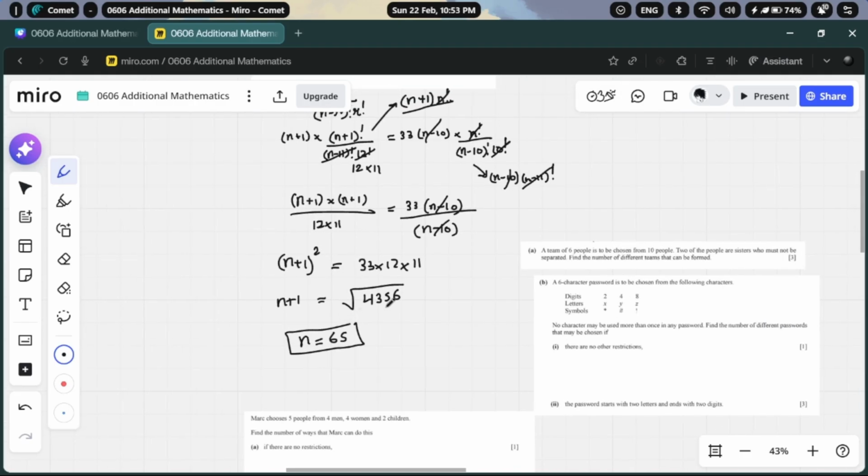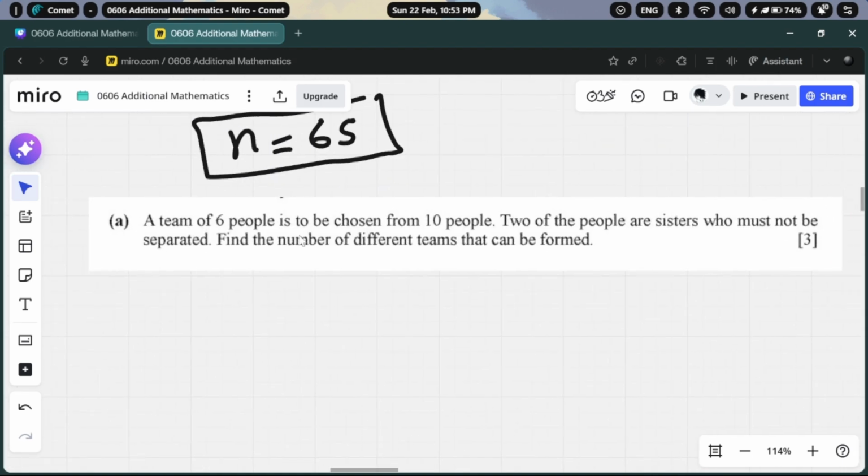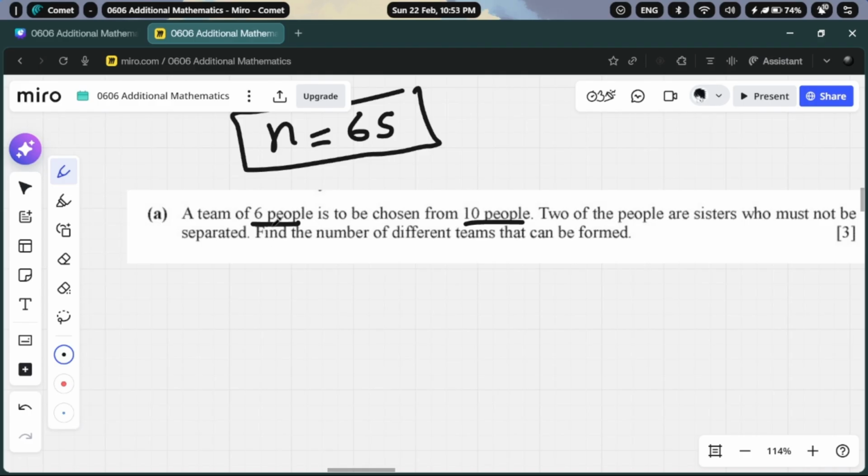That's your final answer. Now, in this case, you're told that a team of 6 people is to be chosen from 10 people. 2 of the people are sisters who must not be separated. Find the number of different teams that can be formed. So, you're first of all choosing 6 people from the given 10 people.